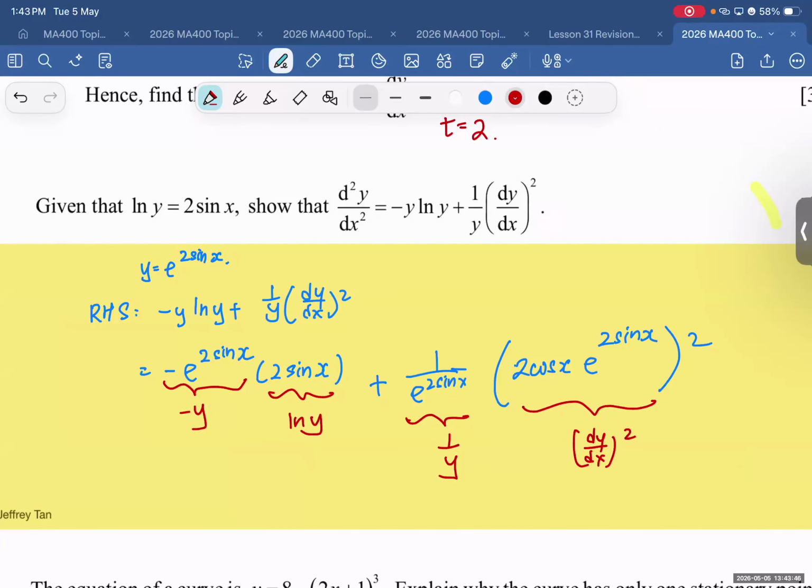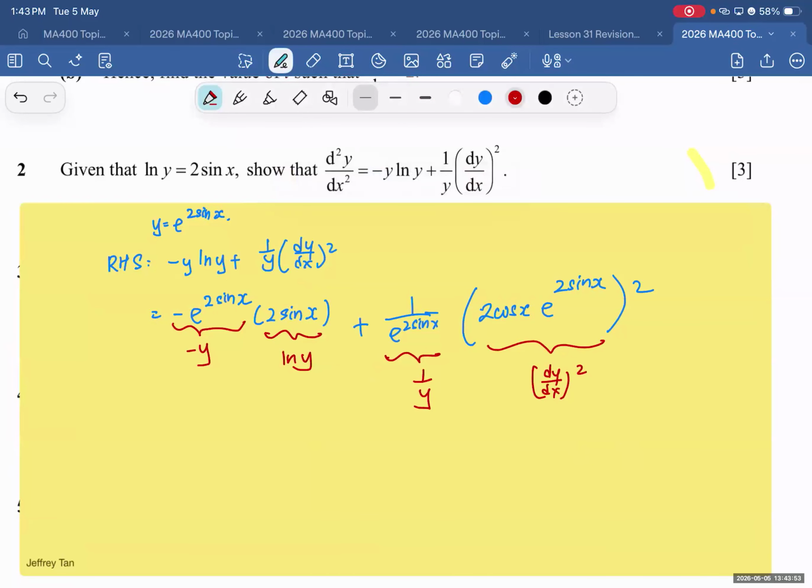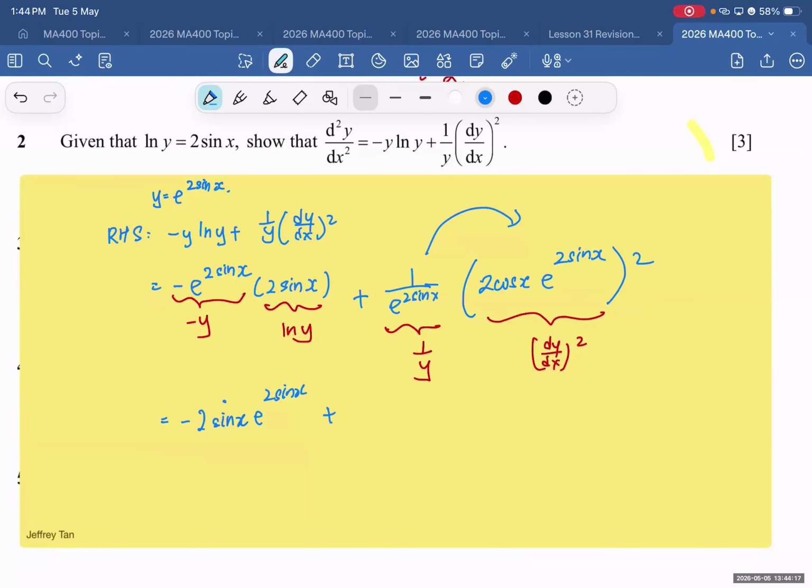Okay. Then I expand this. Some people can see very fast. Like I saw some of your working, you all can do it very fast. So I do it very slowly. And then I can times in. So this is negative 2 sine x e to the power of 2 sine x. Look at this, so beautiful. 4 cos square x.